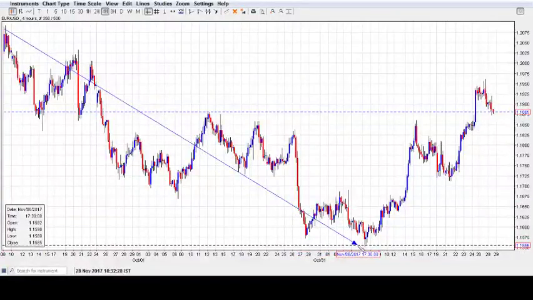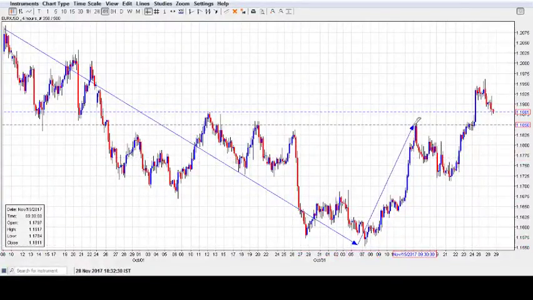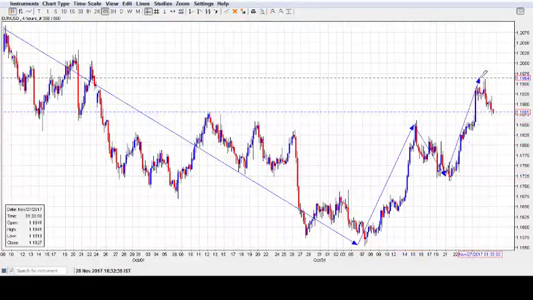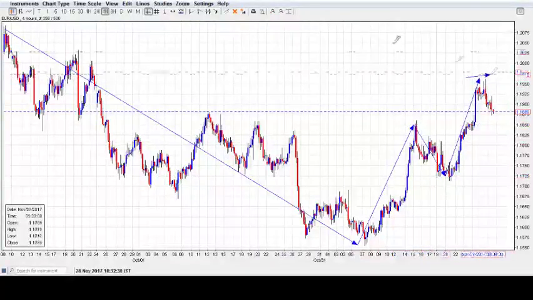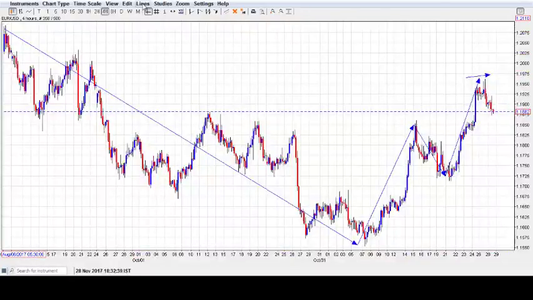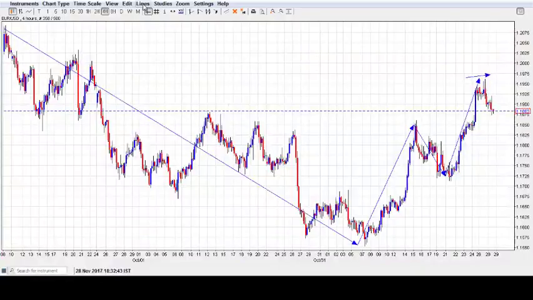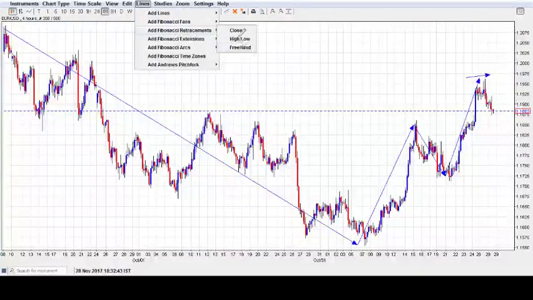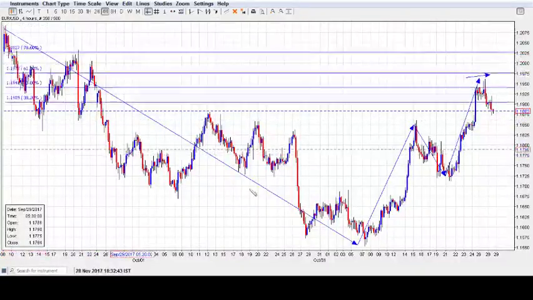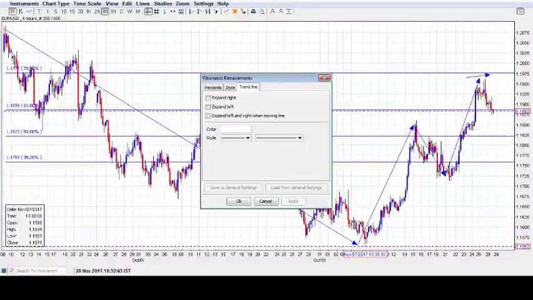That's the leading diagonal, potential leading diagonal, followed by a counter trend rally, which is stalling right at the Fibonacci 786 convergence, both resistance and extensions of the trend and the counter trend.